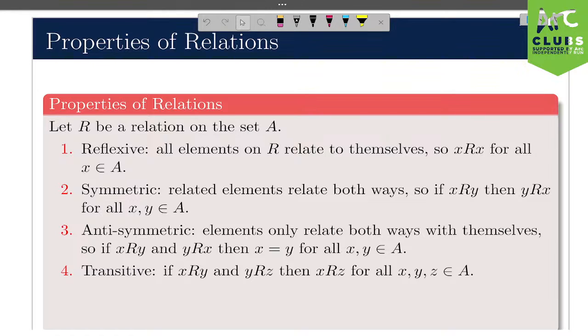When we say x R y, it's basically saying x and y are related in this sense, that x and y follow a specific rule. So x R y means that x and y follow a specific rule.